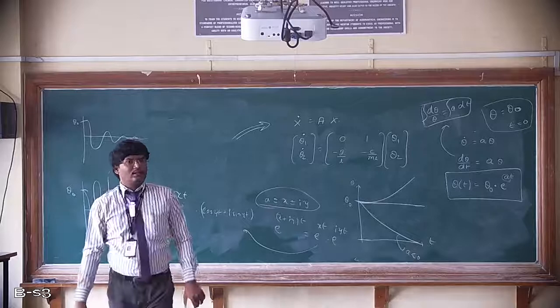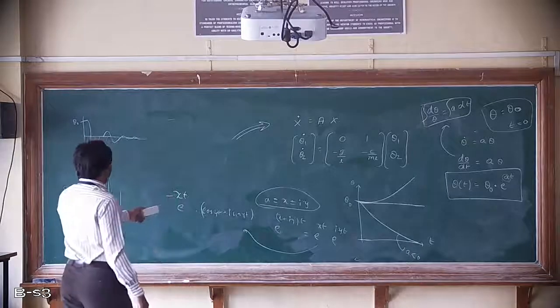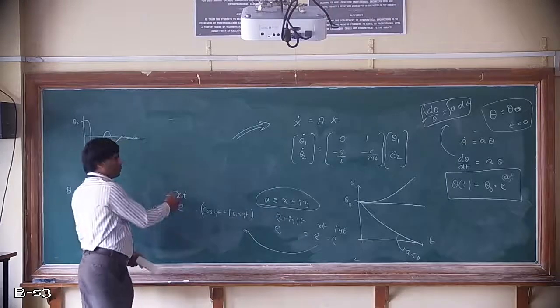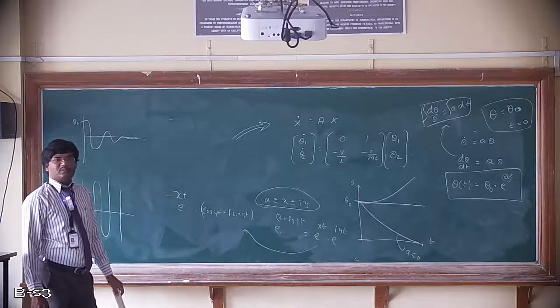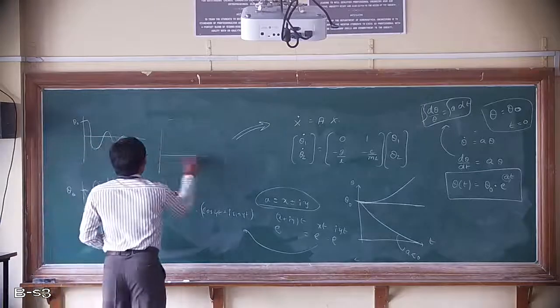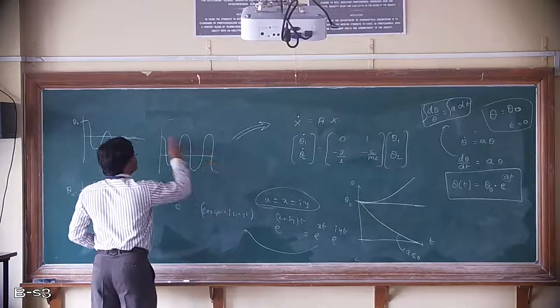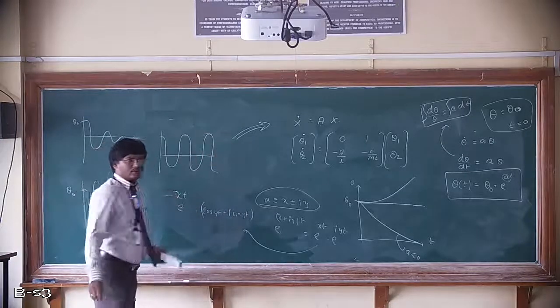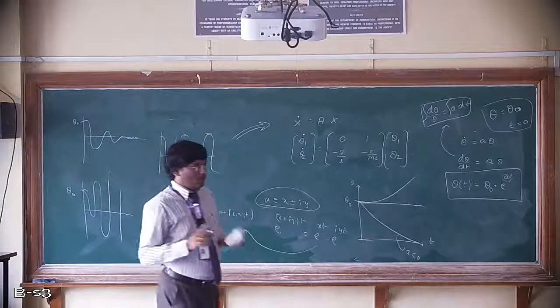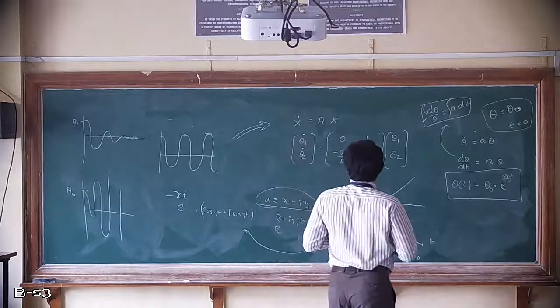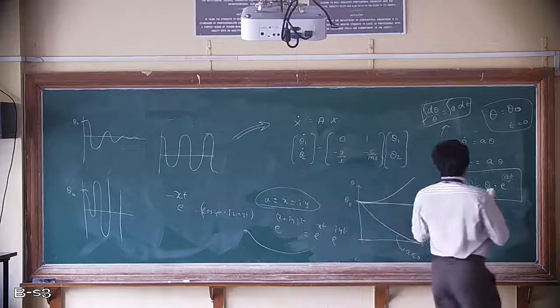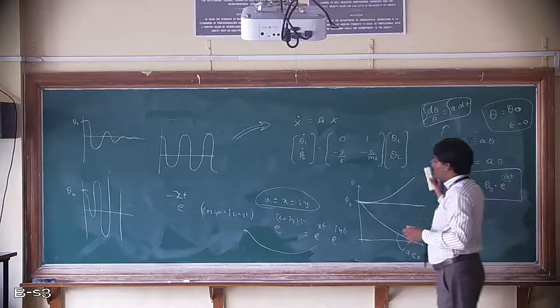What about if the real part of the complex number is 0? Simply it is undamped oscillation, oscillatory but a constant disturbance. Are you getting? In the same way as we discussed for first order, is it clear to everyone?